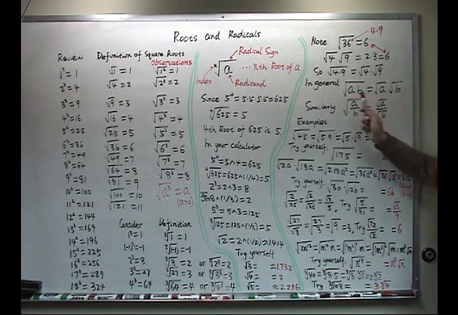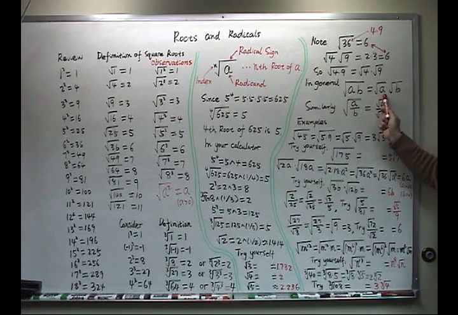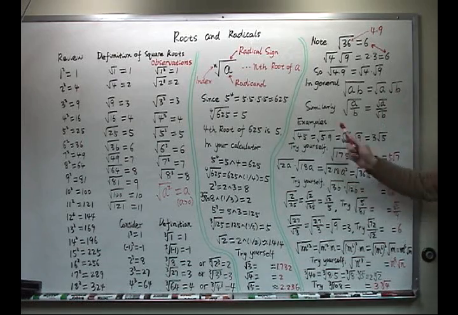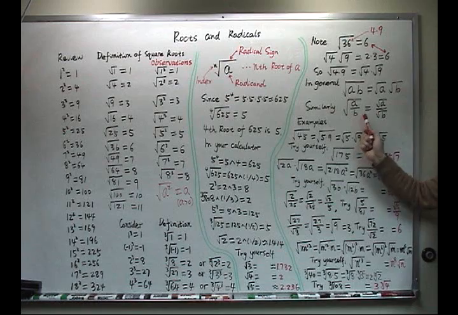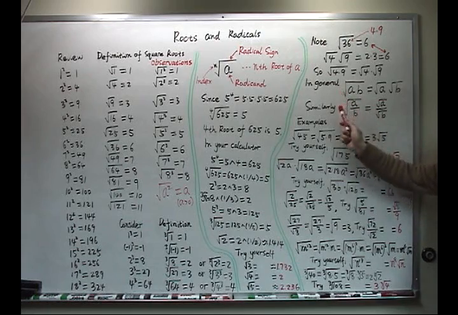In general, we have radical AB, meaning A times B, equals radical A times radical B. Similarly, we know radical A over B equals radical A divided by radical B. Those two properties are used widely.